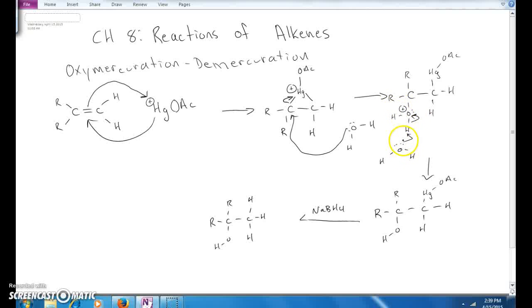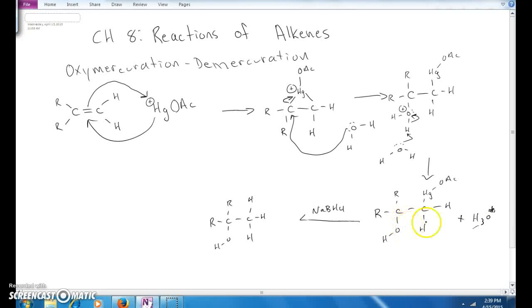Just like with the hydration step, we're going to pull off a proton of the water that's attached to give us the alcohol. We'll generate a little bit of acid in that step, but not enough acid to be able to affect the alkene that may be sensitive, which is the reason why we're doing the Oxymercuration-Demercuration reaction.